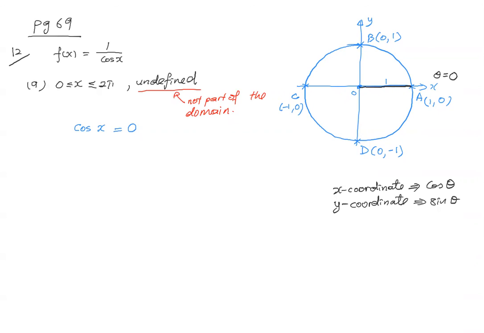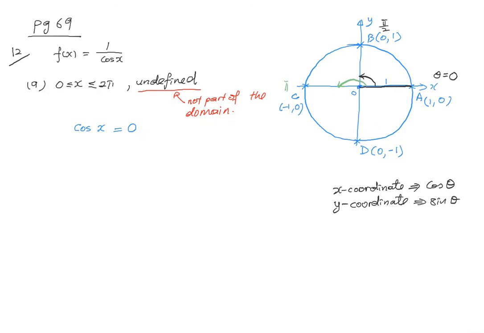It happens at, okay, if the angle turns until here, what is the size of the angle? Half a pi. If the angle turns until here, what is the size of the angle? Pi.